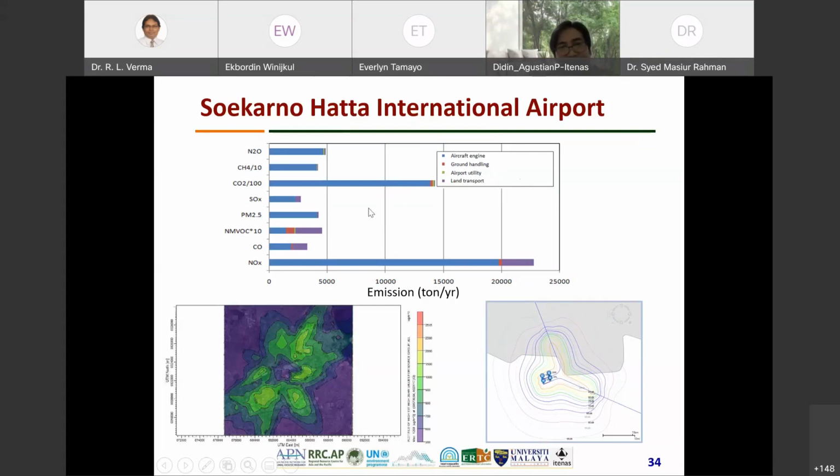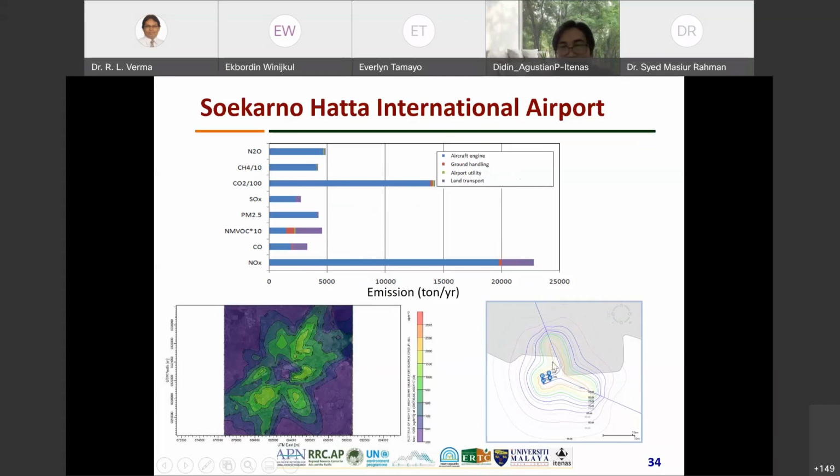As we can see here from the results, the aircraft engine dominates the total emissions in the airport. At the same time, the model also generates the dispersion of the emission. This is an example for NOx, I think.